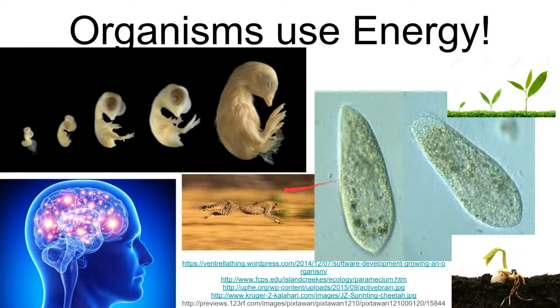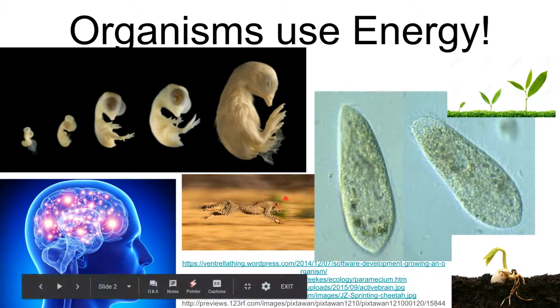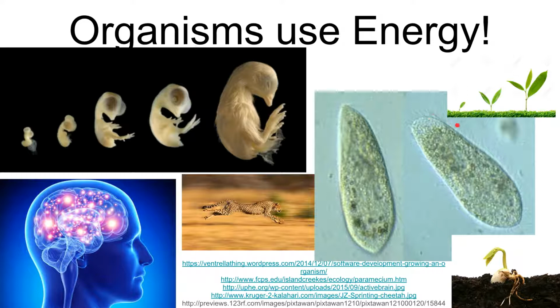We also have not just movement on this big scale with this cheetah, but we can think about an amoeba moving through pond water, and the little cilia, or little hairs, on the outside propelling that little protista around in the water. And all of that force times distance is work. And if you're going to do work, you need energy, and we pay for that energy within living things with ATP.